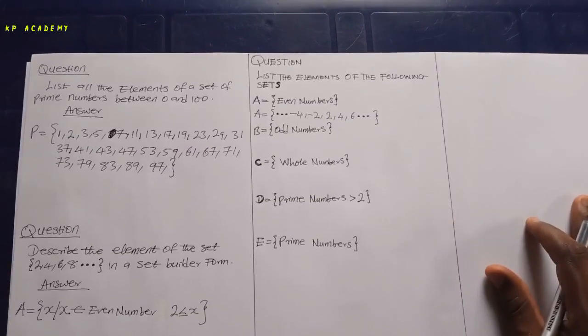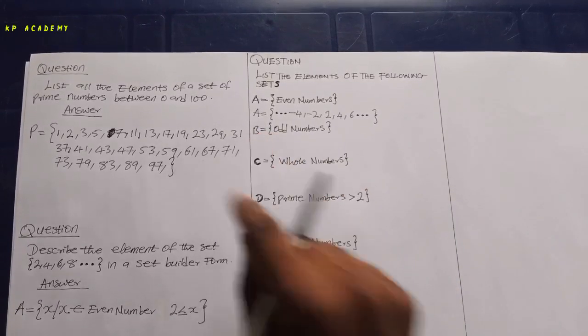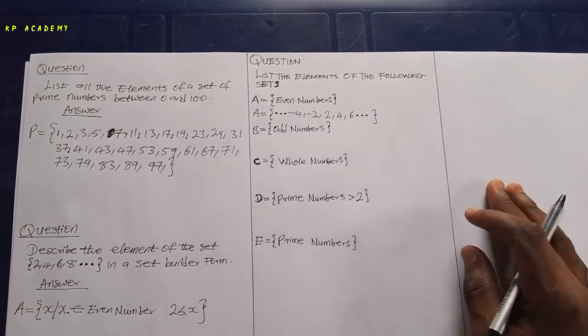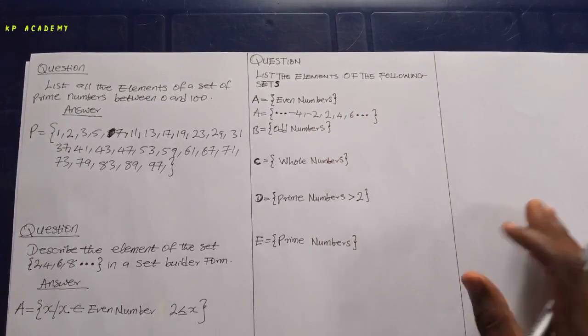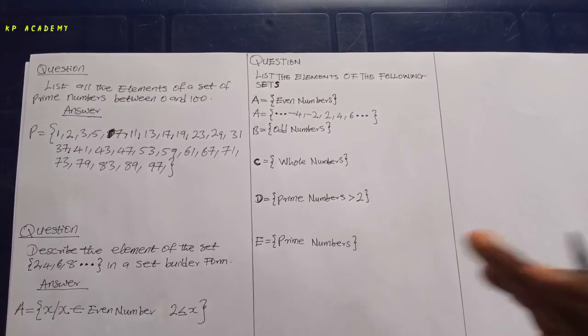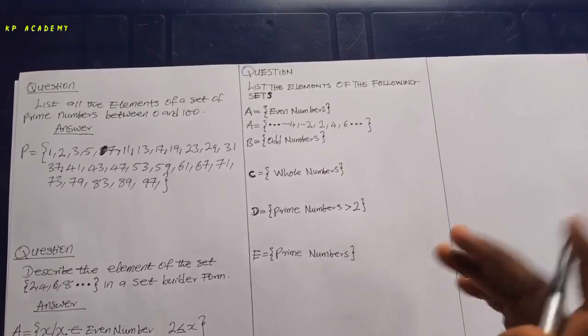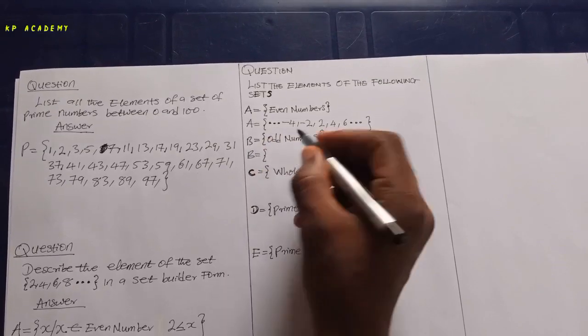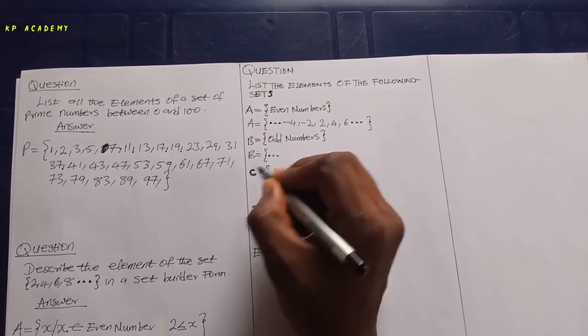All right. Now, next up is set B. Set B says set of odd numbers. The same way we tackled set A, in the case of odd numbers, we have positive odd numbers and negative odd numbers. So we're going to say that B is equal to the set of, now we put dot, dot, dot.